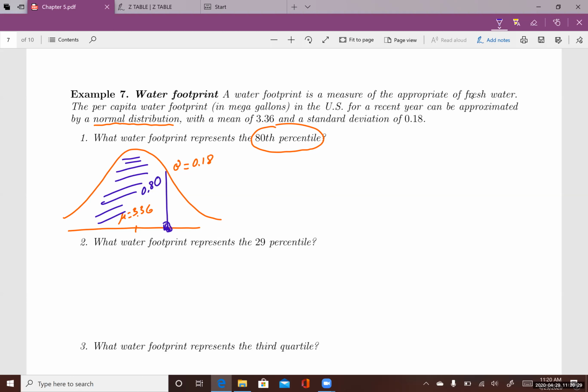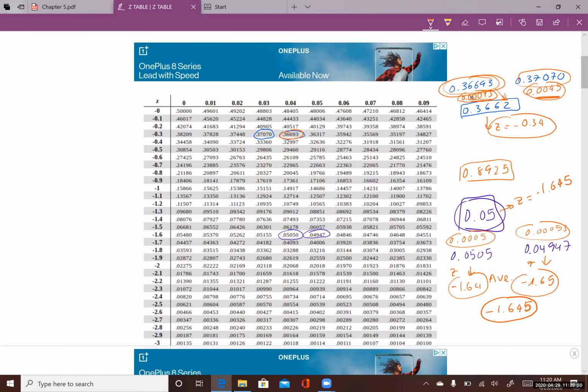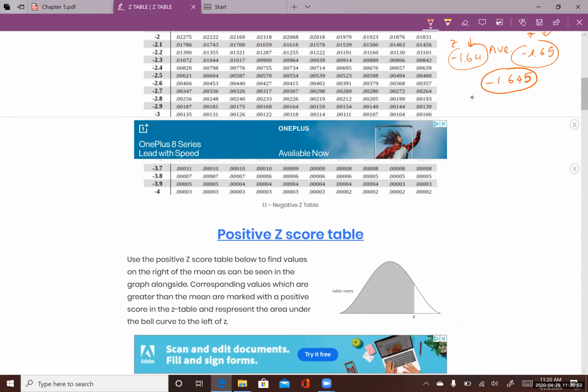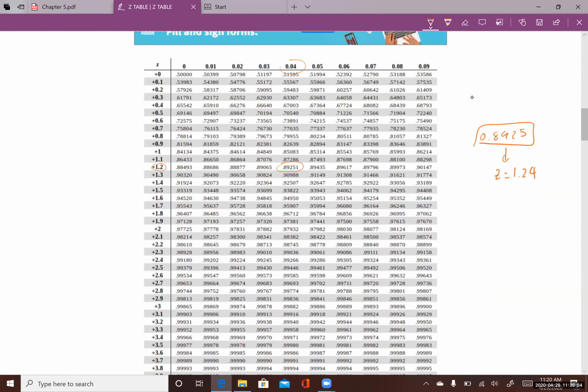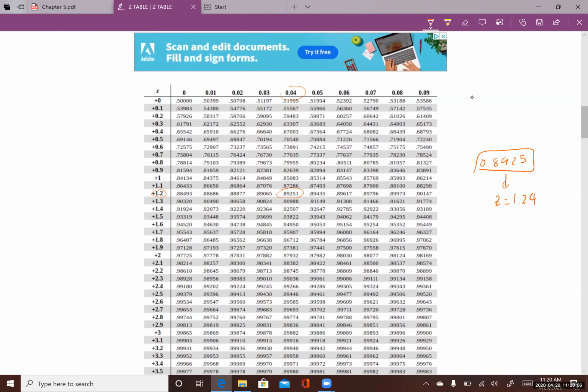I need to find the water footprint, which is the x value. What is x1? So I know the percentage, I can find the z value that corresponds to the 80%. I'm looking at 0.8.